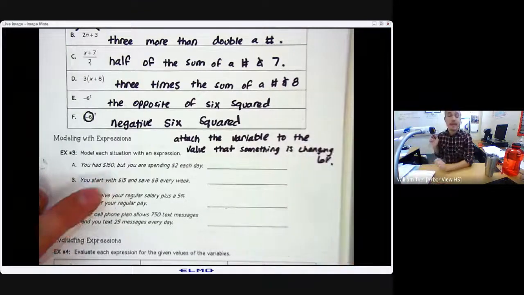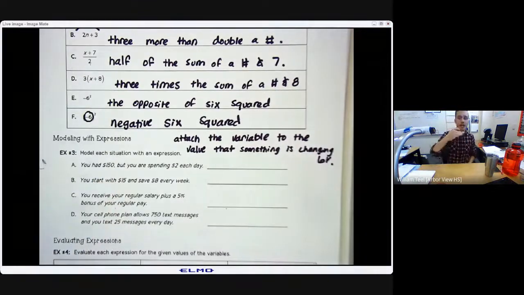Okay, so if we are subtracting $2 from our bank account each day, that is what our number is changing by, $2 each day. So we want to attach the variable to the number that we are changing by each day. The constant is going to be on the outside untouched, okay? Because that's the number that we have to look at to see how much we are subtracting from that number and what our final value in our bank account is going to be.